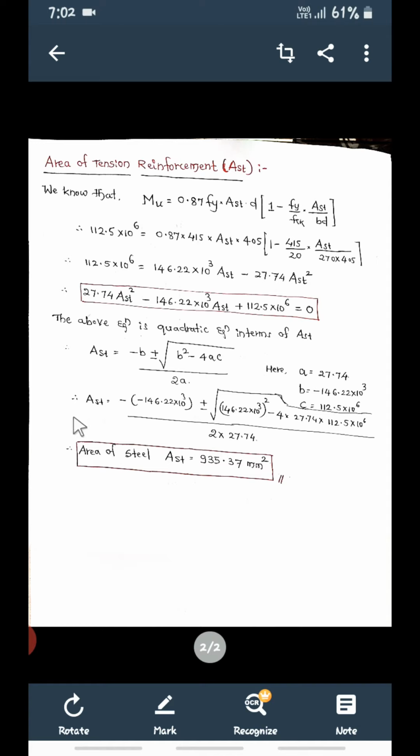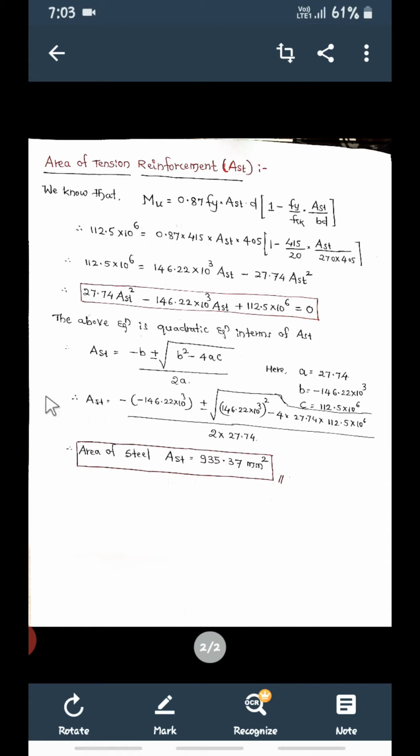So now try to understand what are the first type problems and what are the second type problems. So in first type problems you have solved the important problems, that is finding out the ultimate moment of resistance, Mu. So first we have to identify whether it is a balanced section, under reinforced section, or over reinforced section.